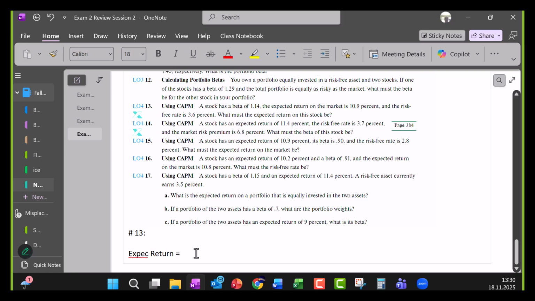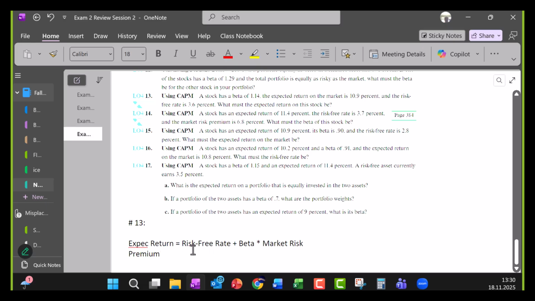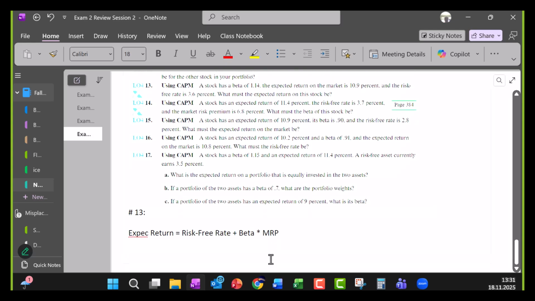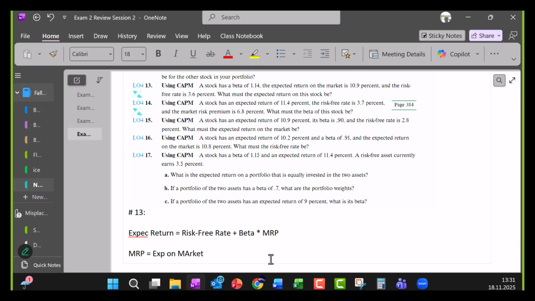Equals risk-free rate plus beta times market risk premium. Or let's just go with MRP. All right.